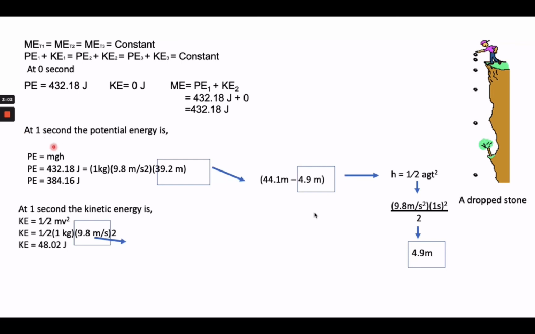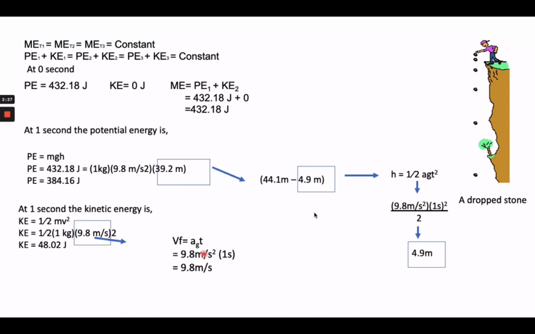Now let's have our kinetic energy. For kinetic energy, we have 1/2 times mass times velocity squared. So we simply substitute. We already have 1 kilogram for our mass. Our velocity is 9.8 meters per second. Now, how did we get 9.8 meters per second? For, again, a free falling object, we know that the acceleration is constant at 9.8 meters per second squared. So our problem is to determine its velocity.